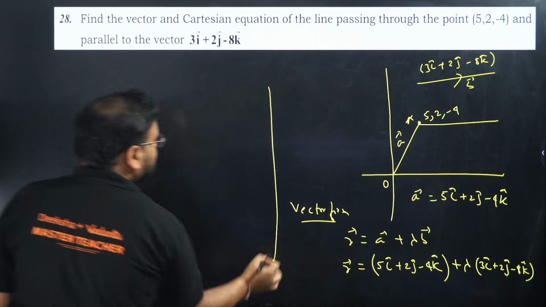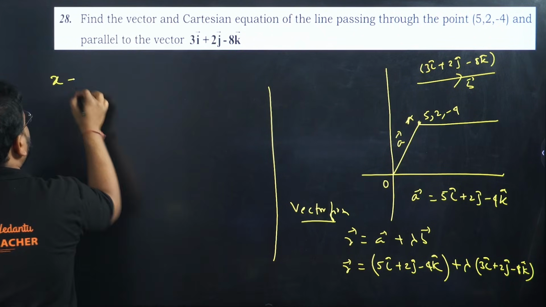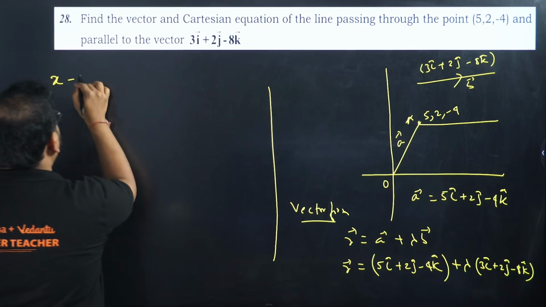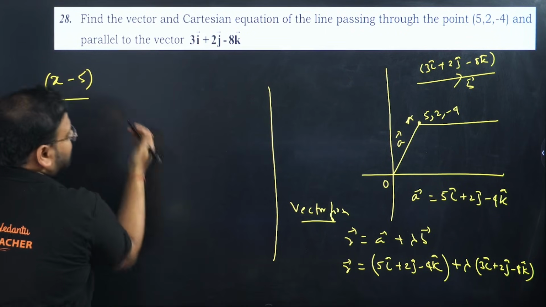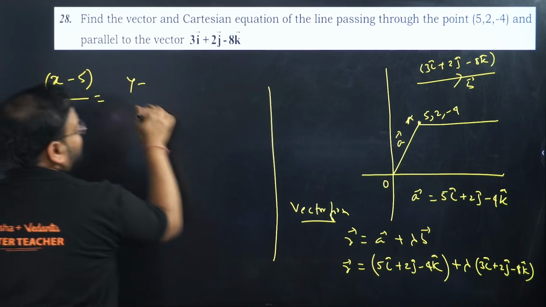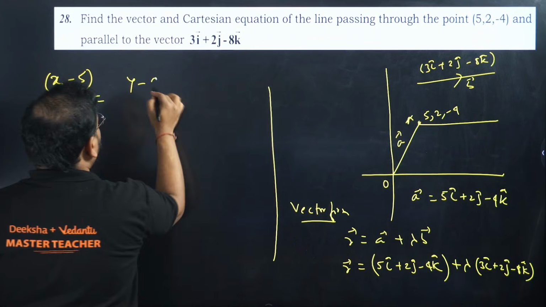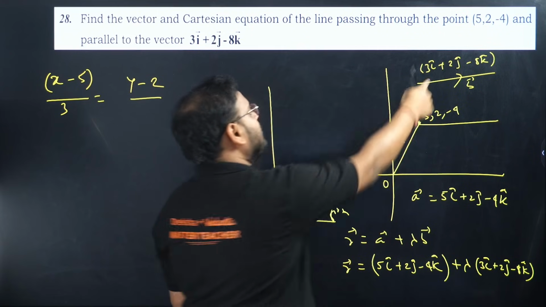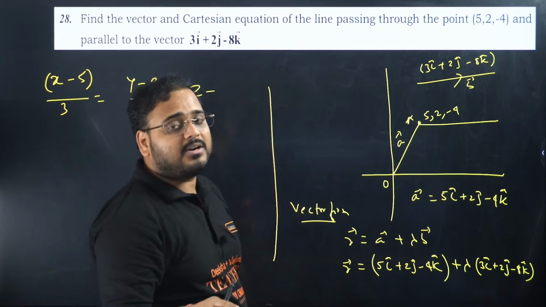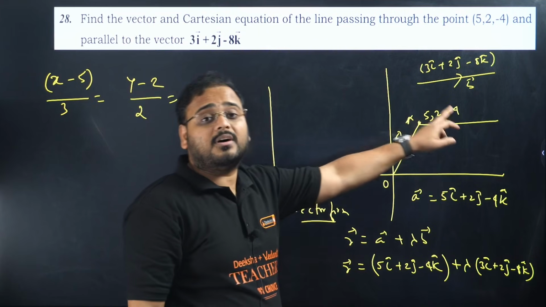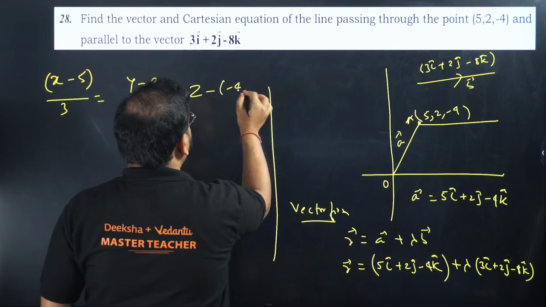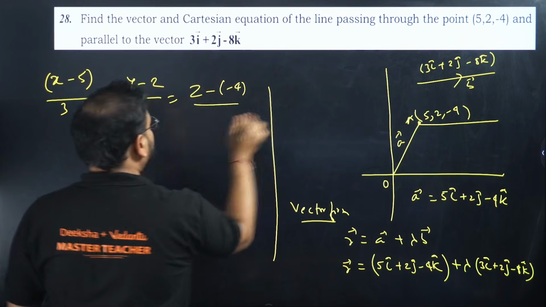What about scalar form, sir? Very simple. In this one, x minus the coordinate of the position vector, that is 5. So x minus 5 by the x component in the parallel vector, so 3. y minus 2 by the y component in the parallel vector, again 2. z minus the z coordinate of the position vector, that is minus 4, so minus of minus 4, divided by the z component, that is minus 8.